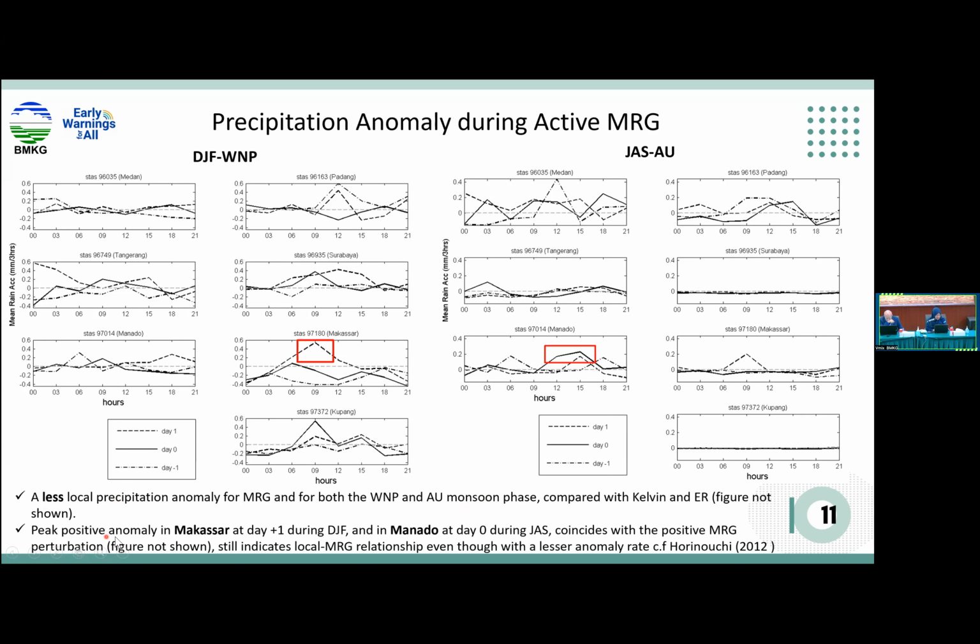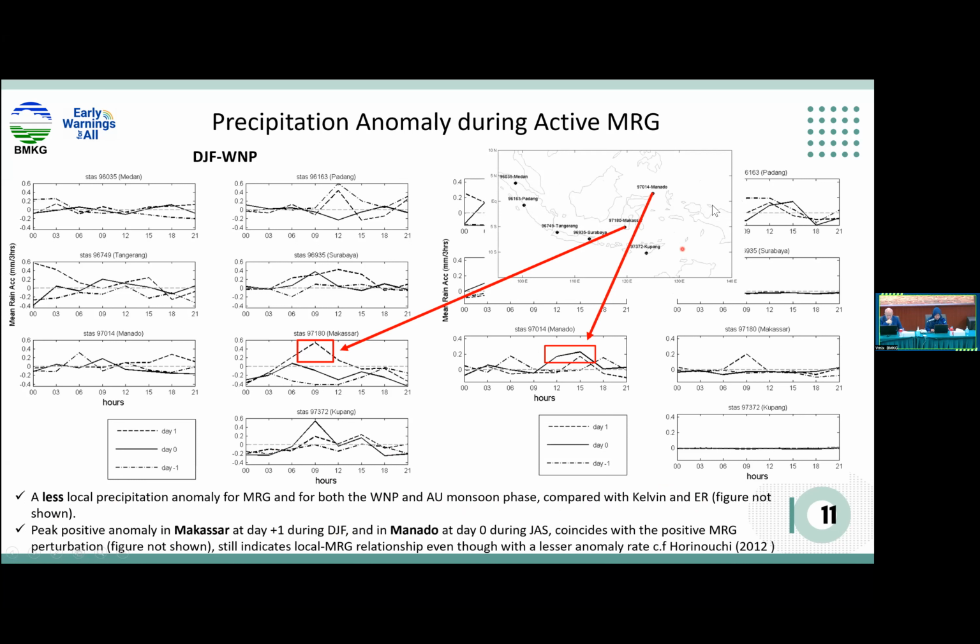A big positive anomaly still occurs in Makassar at day +1 during December, January, and February, and in Manado at day 0 during the boreal summer, coinciding with the positive mixed Rossby-Gravity wave perturbation, still indicating the local MRG relationship, even with a lesser anomaly rate.